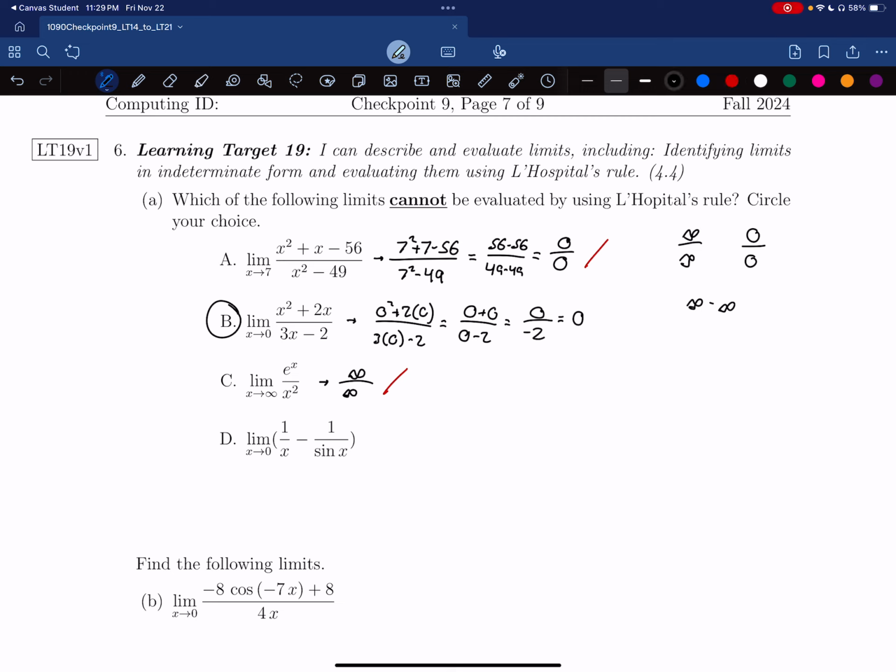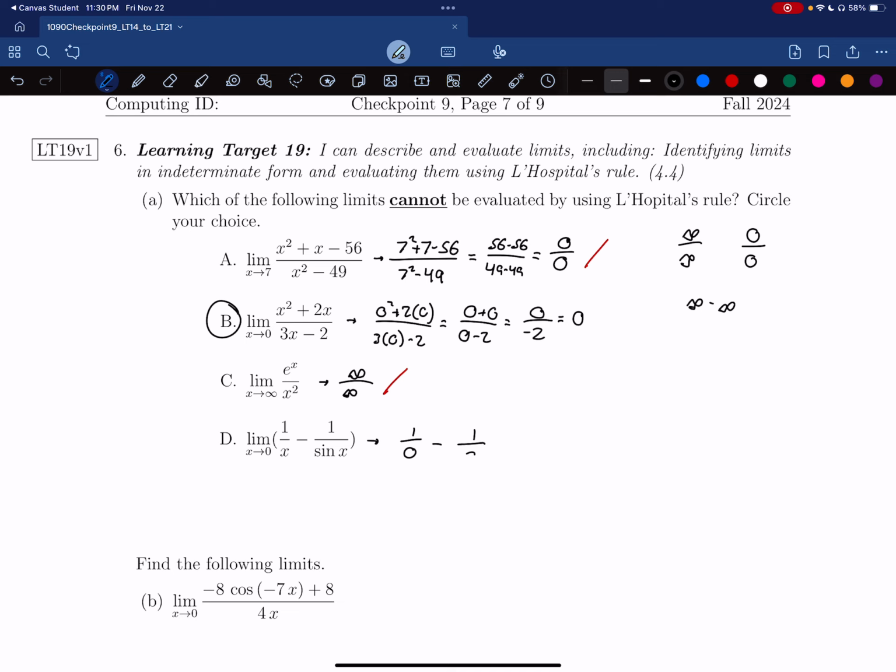And then finally, plugging in 0. 1 over 0 is an infinitely large number. And then plug in 0 for sine. Actually, sorry, I'll go back a step. We'll have 1 over 0 minus 1 over sine of 0.